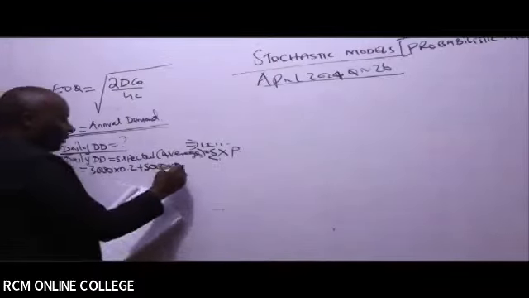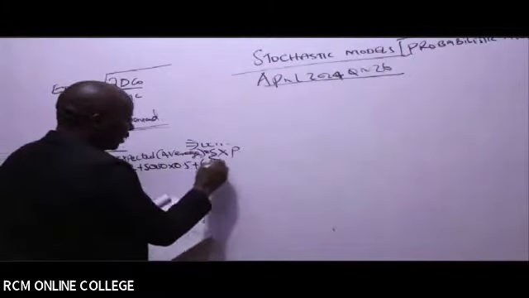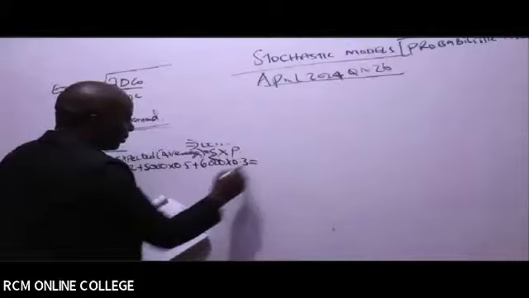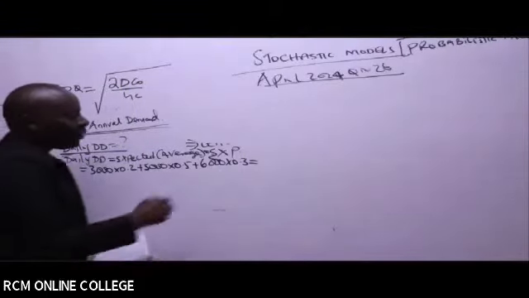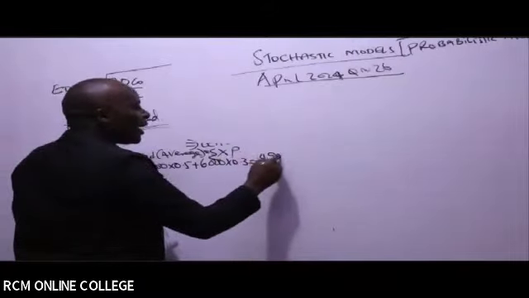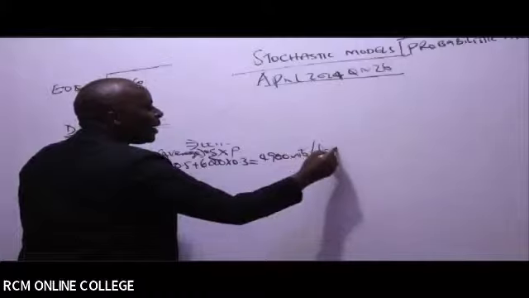Then we have 6,000 times 0.3. So if there's somebody who is able to give me this expected daily demand. I'm being given a figure of 4,900 units a day.